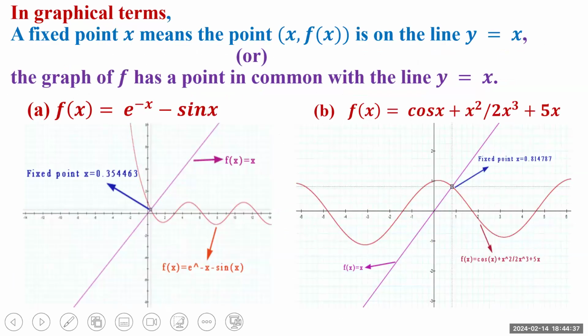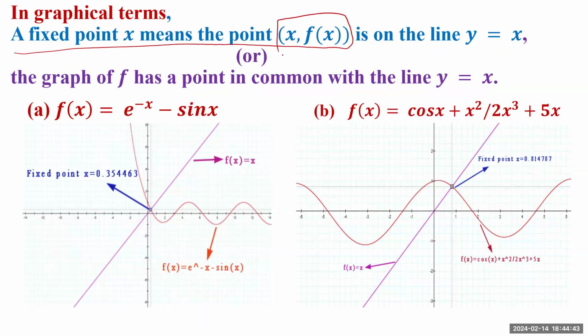In graphical terms, as I explained before, a fixed point x means the point (x, f(x)) is on the line y = x, or the graph of f has a point in common with the line y = x.